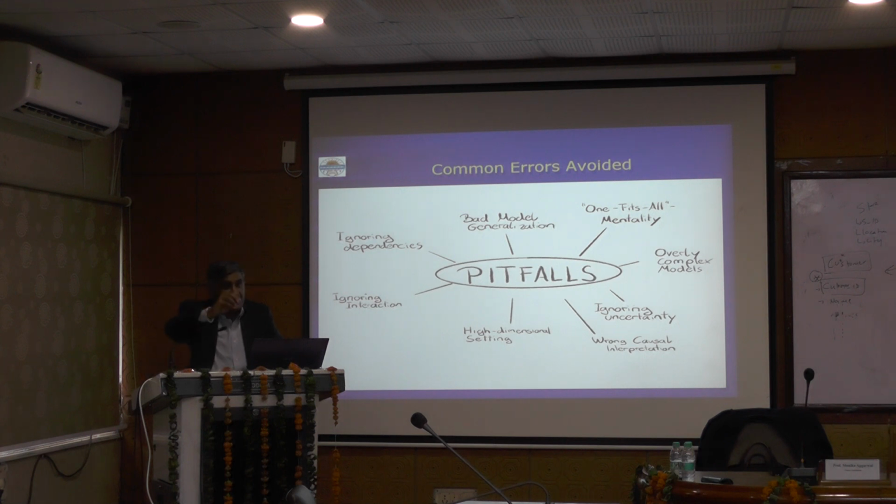Because we are too much into model creation. Because XYZ author said that this is an independent variable, so I presumed it is independent. Am I right? So that's another problem.